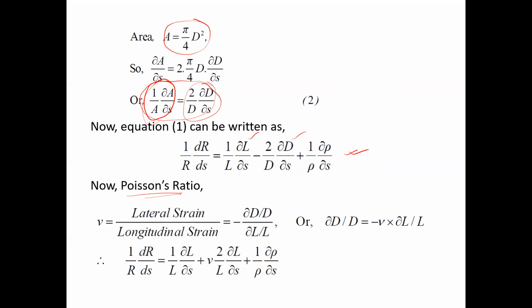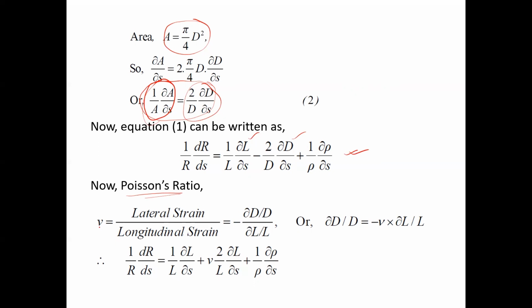So using the Poisson's ratio, we are going to represent the change in the diameter with respect to the change in length as well, so that we have to deal with only one variable. And we are keeping the length over here because the longitudinal strain is considered to be positive, so for this particular case the whole thing is going to be transferred into the corresponding change in lengths.